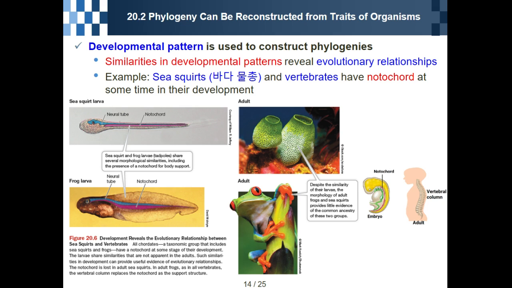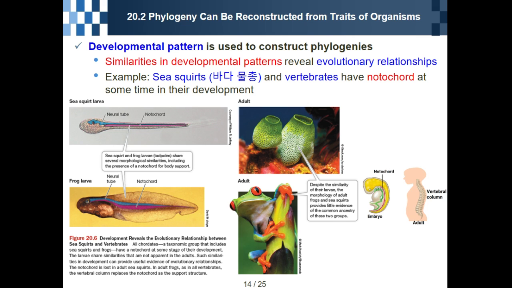They attach to the rocks in the bottom. We call it the sea squirt. And this is a frog. Their morphology is totally different. So based on the morphology, their evolutionary relatedness is far away from each other.